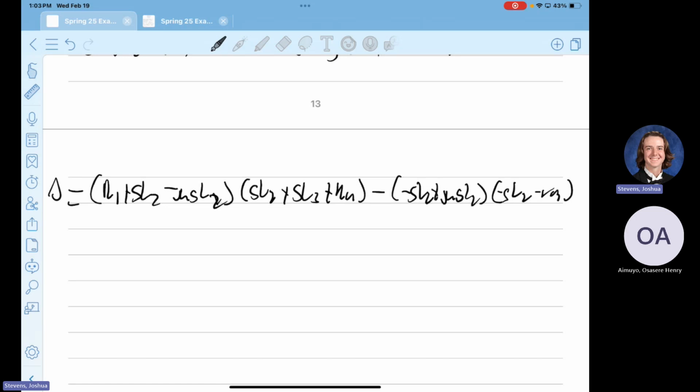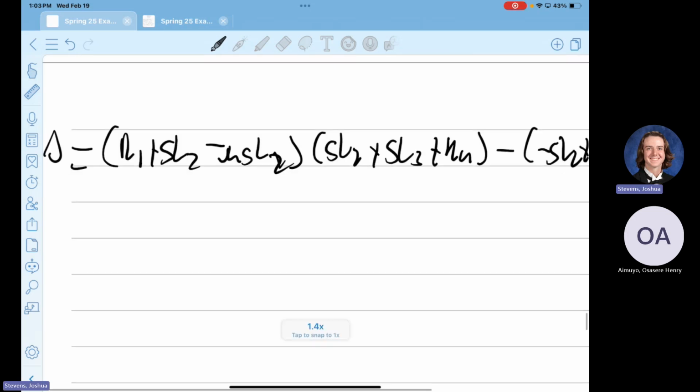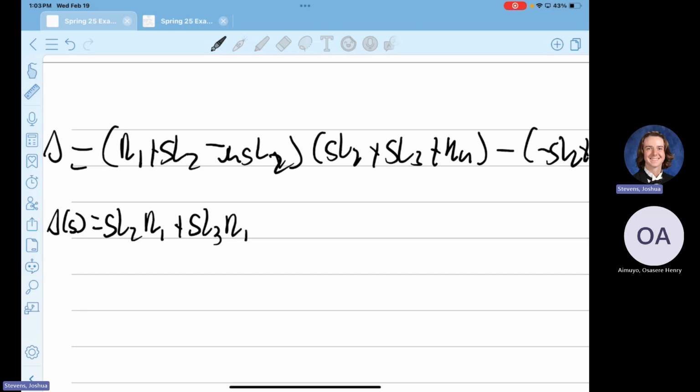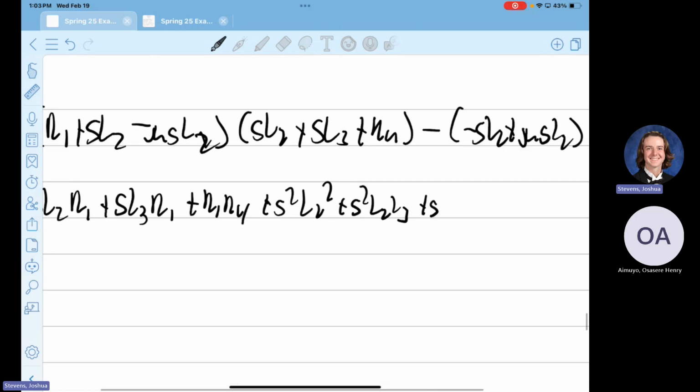Okay. Delta of S. Probably should have written that too. Okay, I'm doing that times that. So SL2 R1 plus SL3 R1 plus R1 R4. Okay, now I'm going to do that to that. Plus S squared L2 squared plus S squared L2 L3 plus S L2 R4. Okay, now I'm doing this to that.